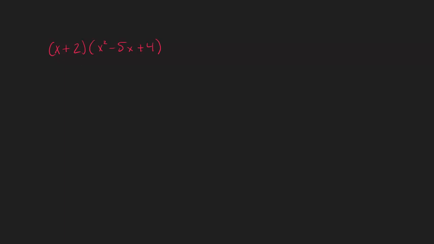Okay, this is the last example we're going to go over, and notice we are not just multiplying two binomials, but we're multiplying a binomial with a trinomial. Unfortunately, with this one, we cannot use FOIL, because if we use FOIL here, it skips some terms.